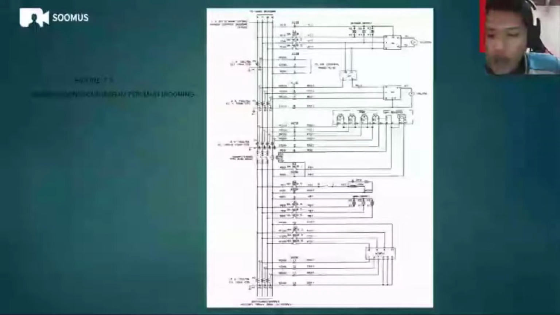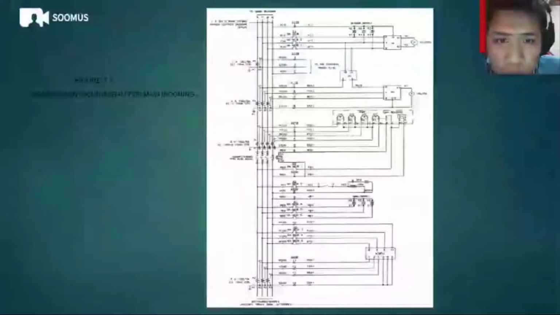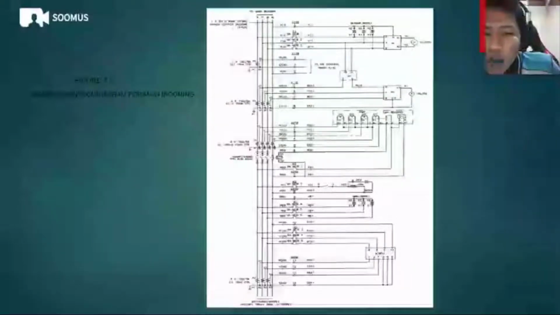Okay, so next the heater is to control the humidity, so it is not damp because electrical cannot have moisture. So this is our heater. The heater is to control the humidity for our LVSB.